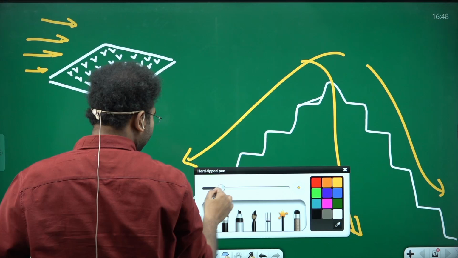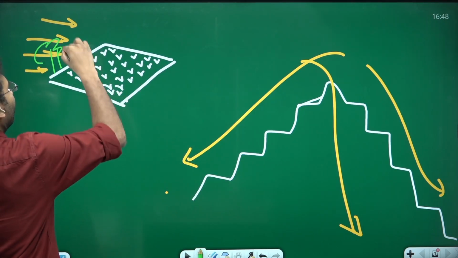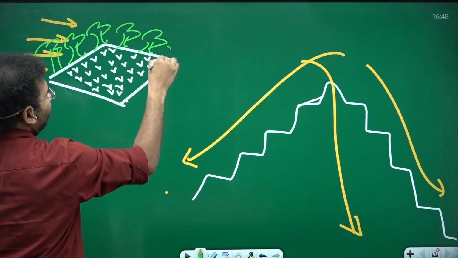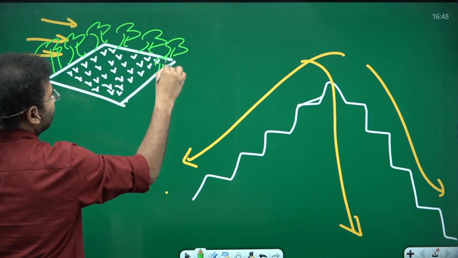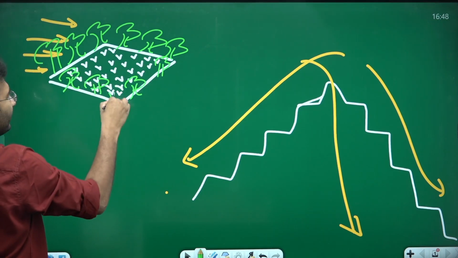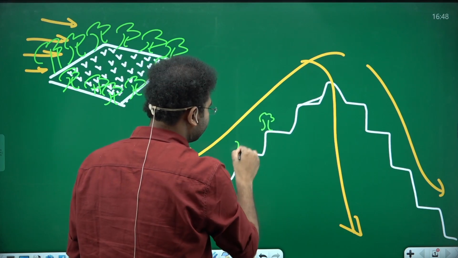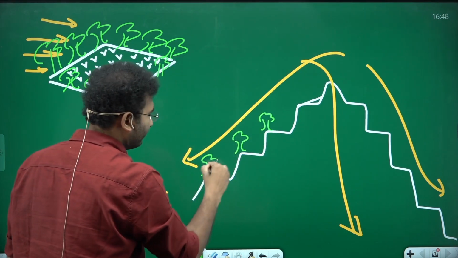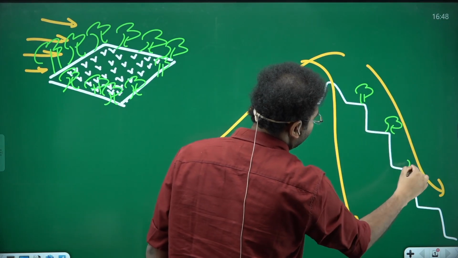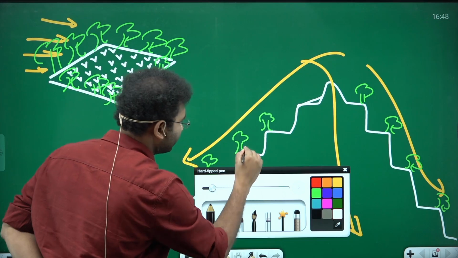you simply choose big trees around your crops to protect your farm field from these harmful winds. This is called shelter bunds. Here also you are going to plant trees. You plant trees like this, not just one, a series of trees, and you are going to grow the crops here.